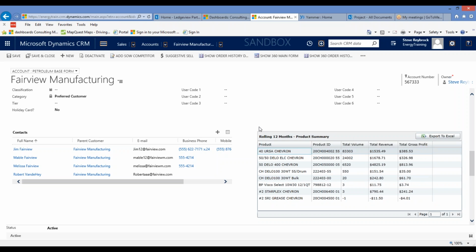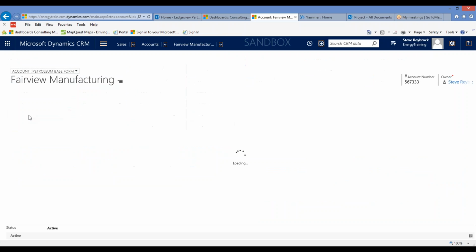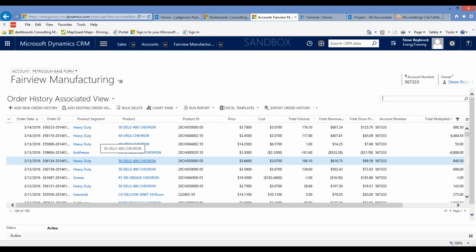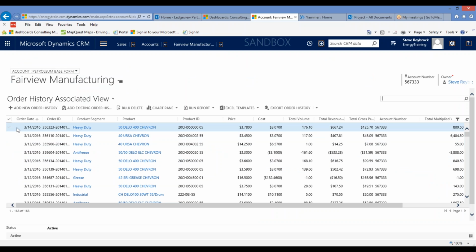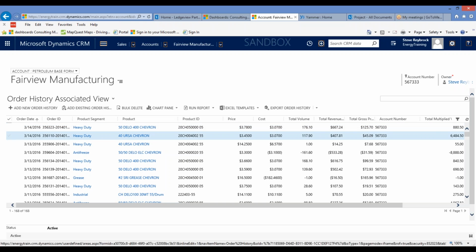The other thing that comes up quite often is people sometimes will ask, well, when's the last time I bought from you, or how much did I pay for this product? So with just a couple clicks, I can get right to the transactions that made up that 12-month summary. For this particular account, the last time this customer bought from us was in March of 2016.